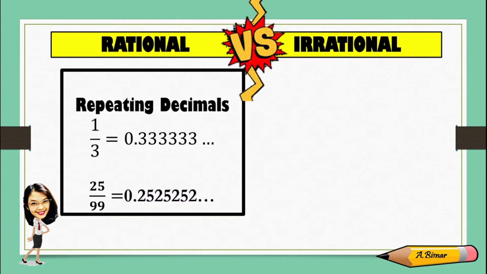Another, repeating decimals are also rational because these decimals can be expressed as fractions. So we have 1/3, which is equivalent to 0.33333 and so on. As you observe, the digit that keeps on repeating is 3.